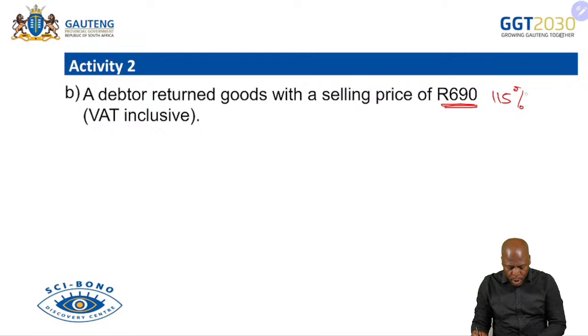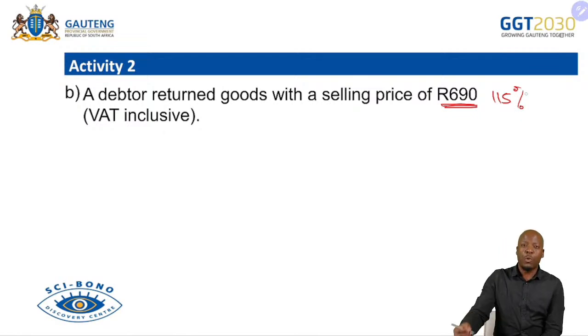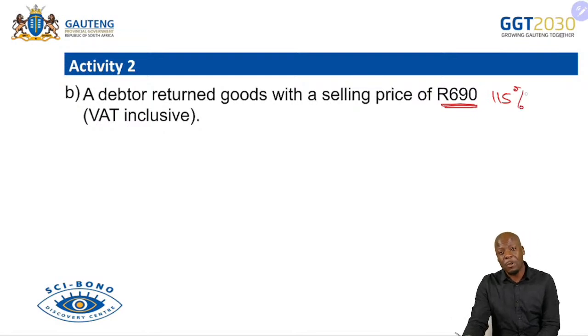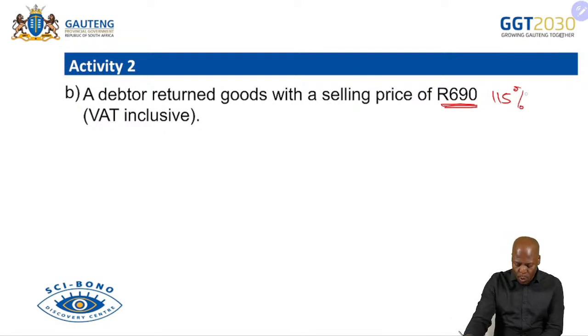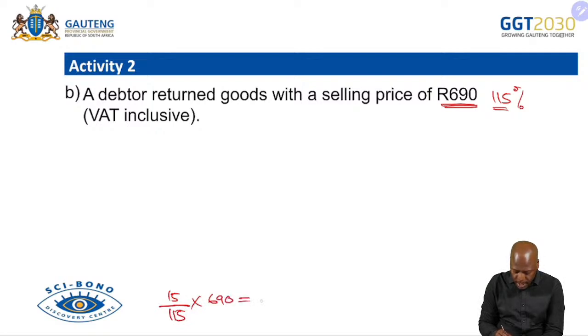Okay, so what do we want? Remember, we want our VAT because we are preparing a VAT control account. So what I want is 15. What do I have? We've already established that. We have 115. Then we multiply that by 690 rands. How much then do we get? You should end up with 90 rands.